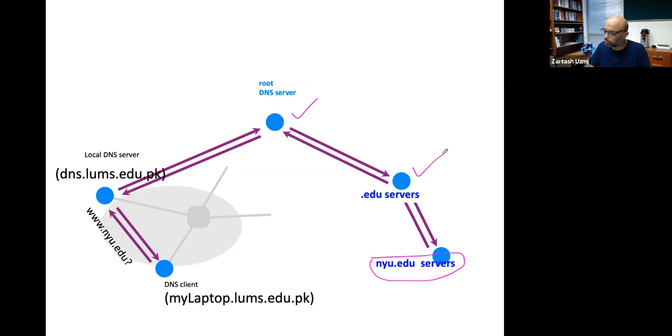So this way of resolving the host name is called a recursive DNS query. यहाँ से recursion चल रही है, ठीक है.